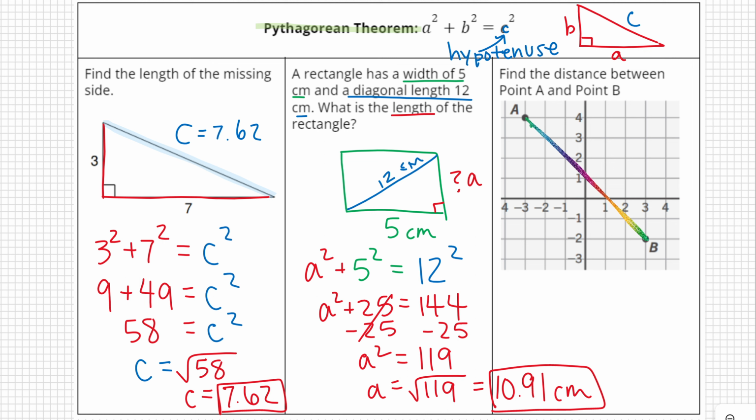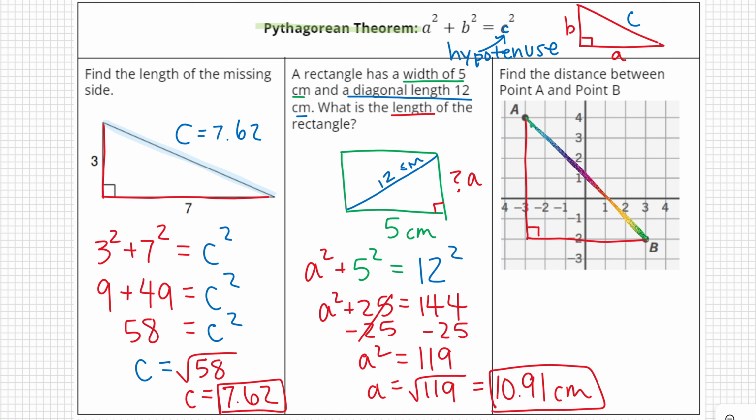One way that I can find the distance of that line is by making it part of a right triangle. So if I start at point A, and I go straight down, and then I go to the right to get to point B, now I have a right triangle. Just the right angle. And I have 2 legs and a hypotenuse.